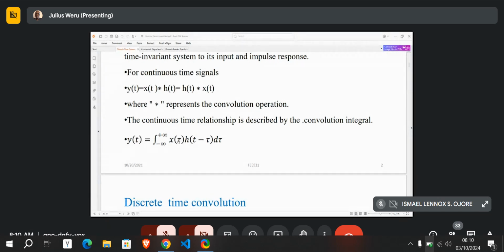And of course, what we have here is x of n, and this is h of n. So it will be a bit different. So it's good to get to understand this. We are going to look later at the discrete convolution function.